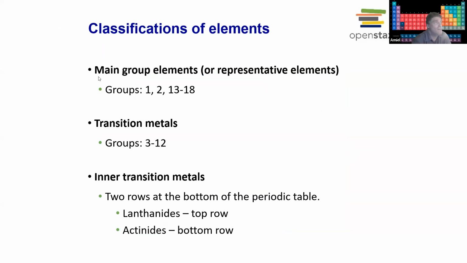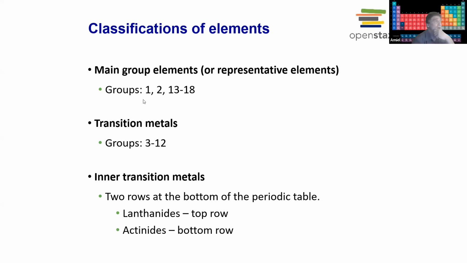So we can divide the periodic table into the main group elements, and this is very important to understand the main group. Why? Because the laws of chemistry, all the rules that you're going to learn, are very consistent for main group elements, but are not consistent for transition metals.